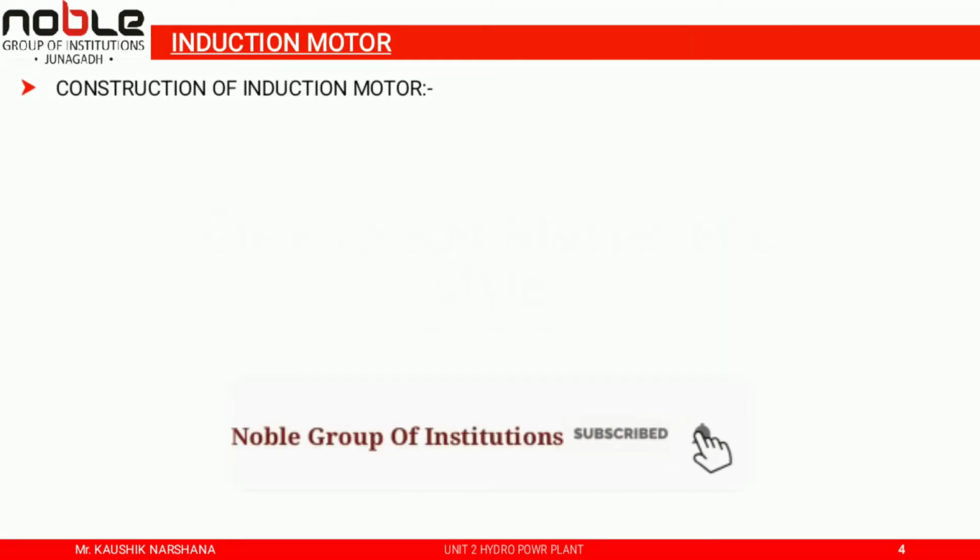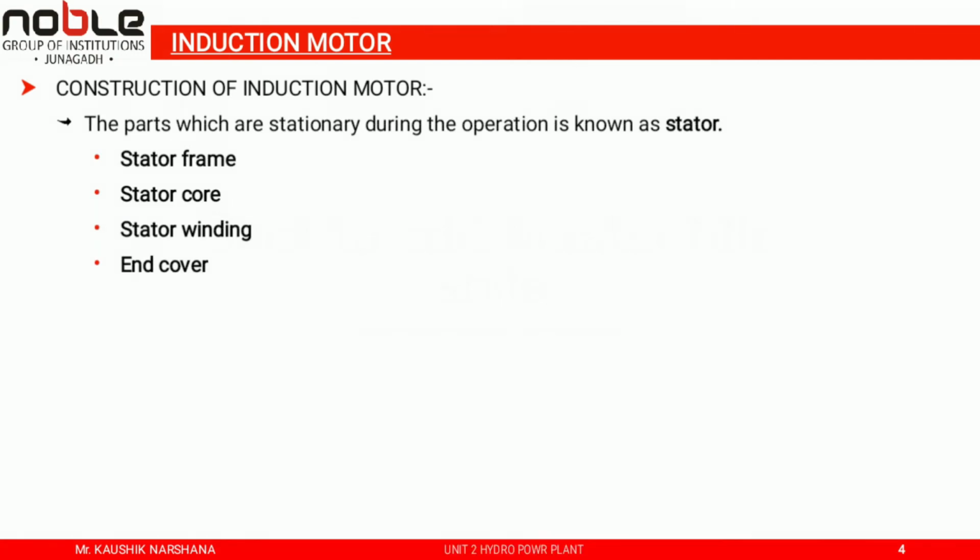In induction motor, first of all, we will see construction of induction motor. So, construction is divided into two parts. The parts which are stationary during the operation are known as stator. Right? Stationary parts are known as stator. There are four main parts: stator frame, core, winding, and end cover.